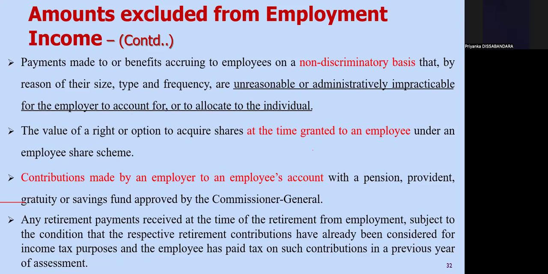The example is group transport. If we have provided a group transport, it is administratively impractical to calculate or allocate to an individual because it is used by a lot of officers, a lot of employees in the institution. So it is very difficult to allocate to an individual.